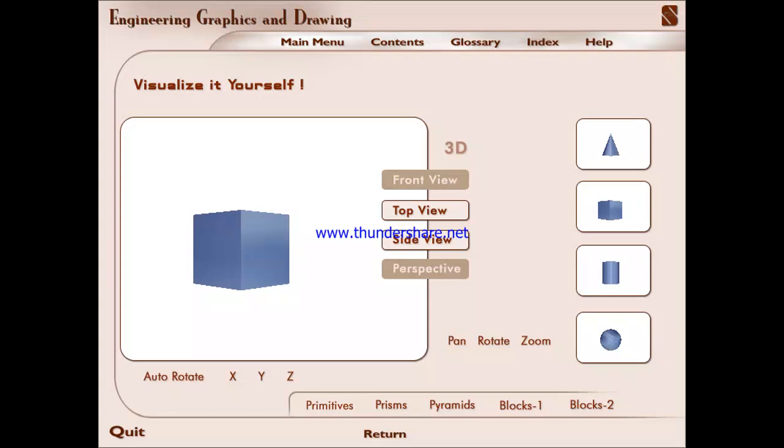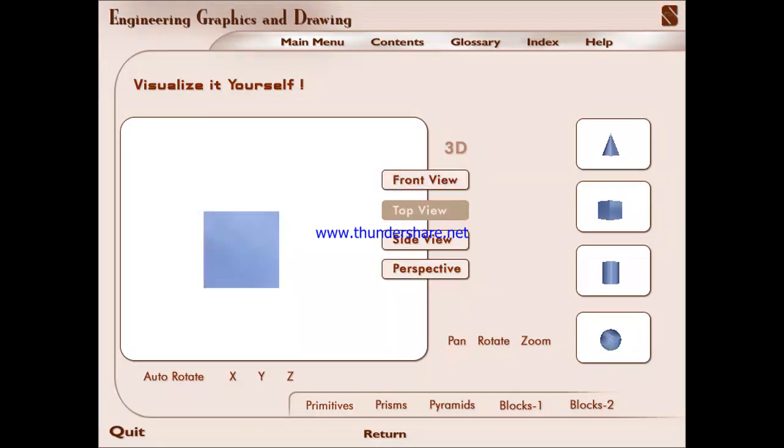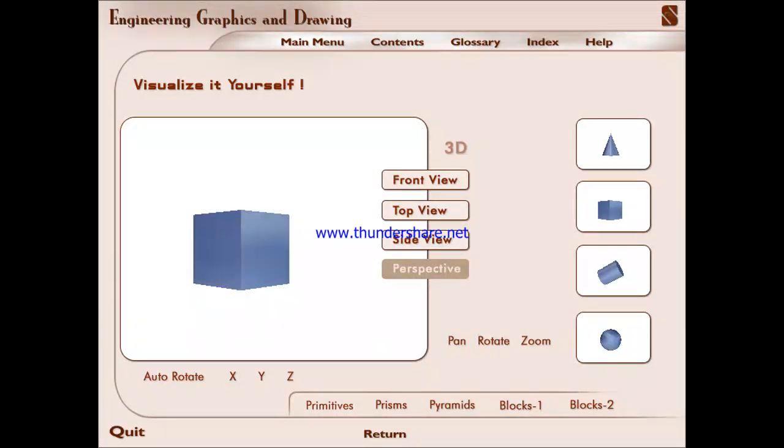It will be visualized in 3D as a front view, top view, side view, perspective view. Next we will consider this object.